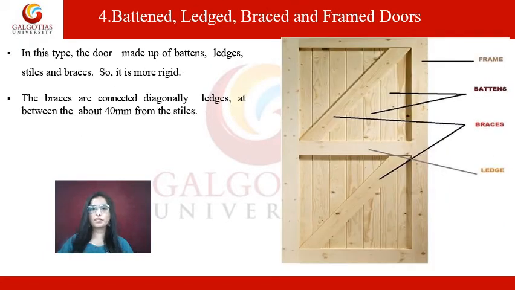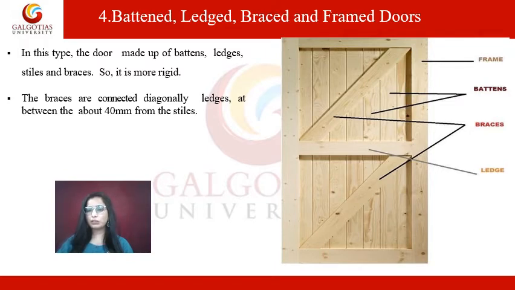Next type of door is the batten ledged, braced and frame door. To provide more rigidity in this type of door, we are adding battens, ledges, stile and brace. You can see in this type of door, this is the frame and this part is known as the brace.